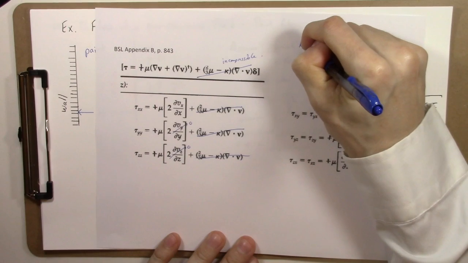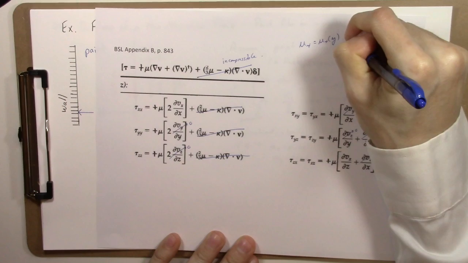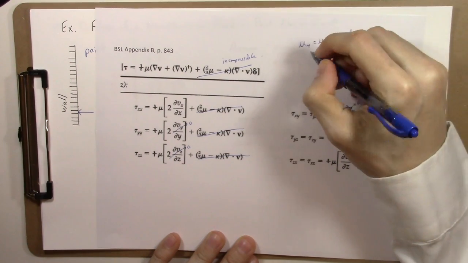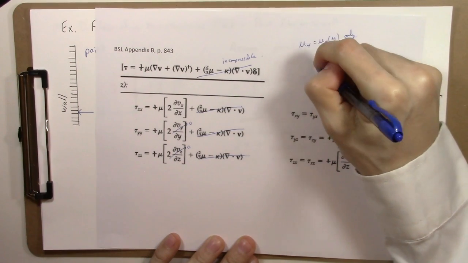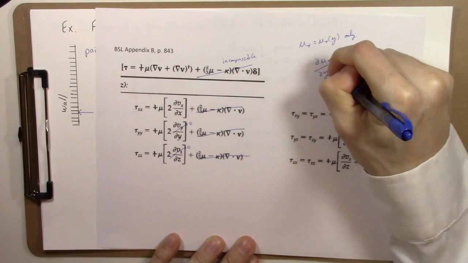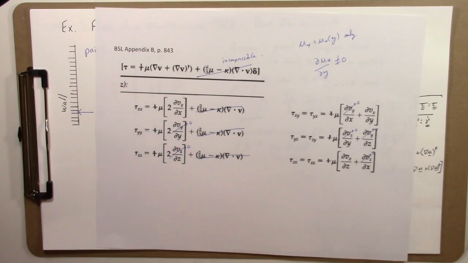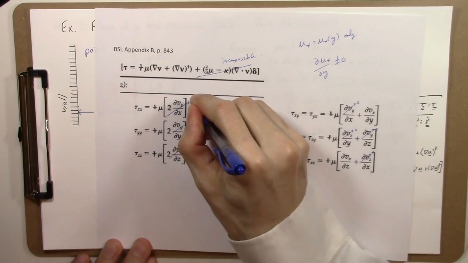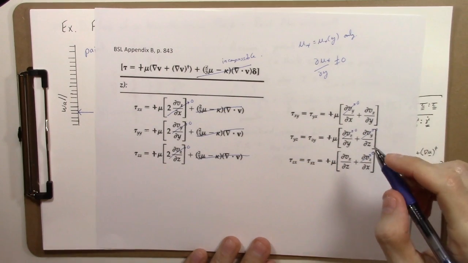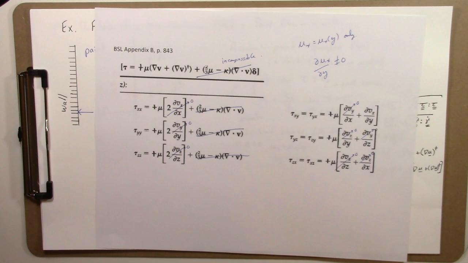And since ux is a function of y only, the only derivative of ux that will be non-zero is dux dy. Every other derivative is 0. So dux dx is 0, doesn't depend on x, and dux dz is 0 because it doesn't depend on z.